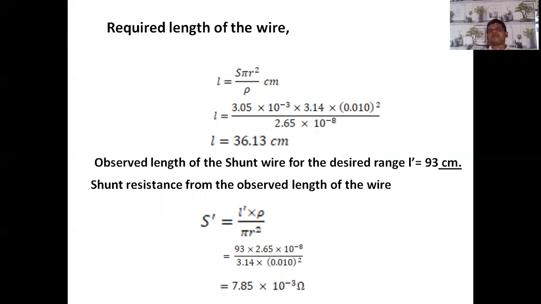Then the required length of the wire, again a known calculation. Without performing the practical, you solve this equation: L is equal to S pi R square by the density of the wire.